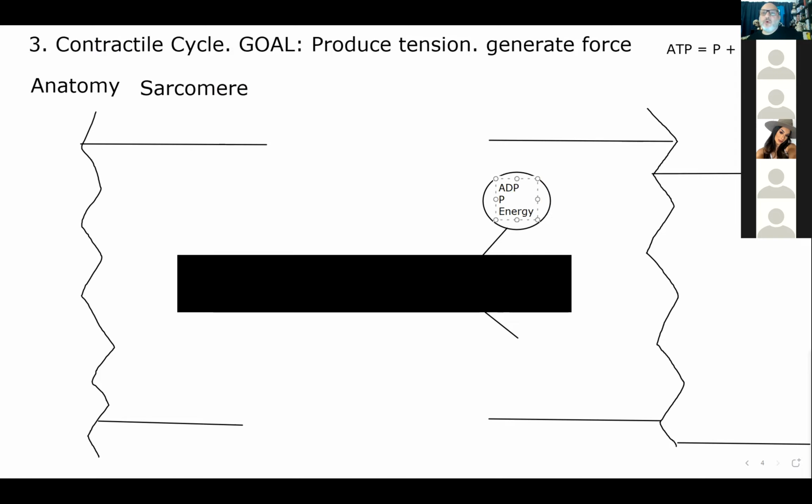This ADP, this phosphate, and this energy are all stored in the myosin head, which is ready to do work. And when it is stored in this myosin head, we call this myosin head primed. Primed in this case means that it is ready to do work. And when a myosin head is primed, it is pointing away from the M line.